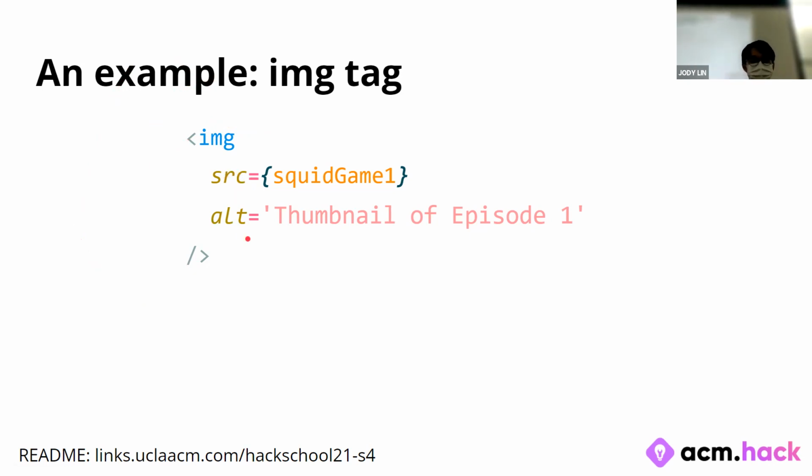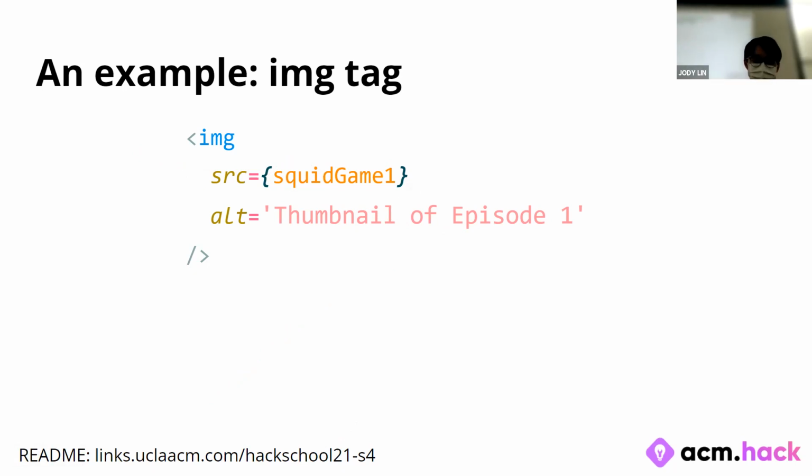It does the same thing as what we want, right? We're using the same image tag, but based on this source property, we can change the image. We could define another image and give it another image as the source, such as Squid Game 2, and it would show a different image.